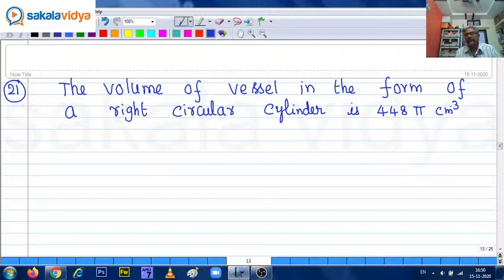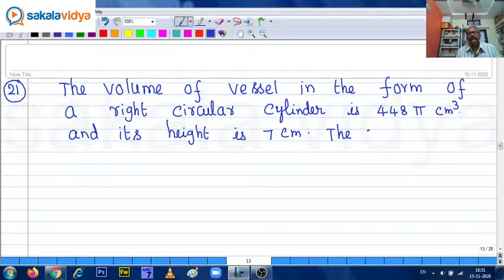That means volume of the cylinder is given. And its height is 7 centimeters. So that means height of the cylinder is given.